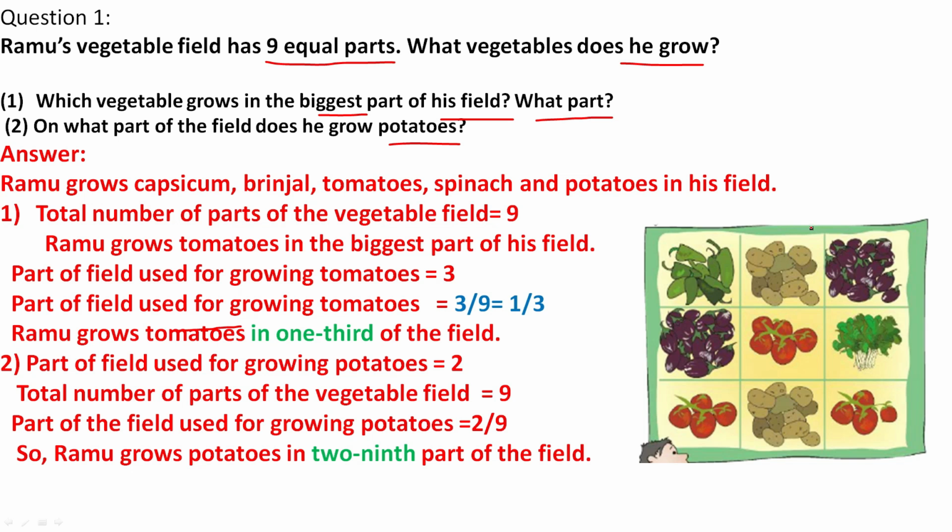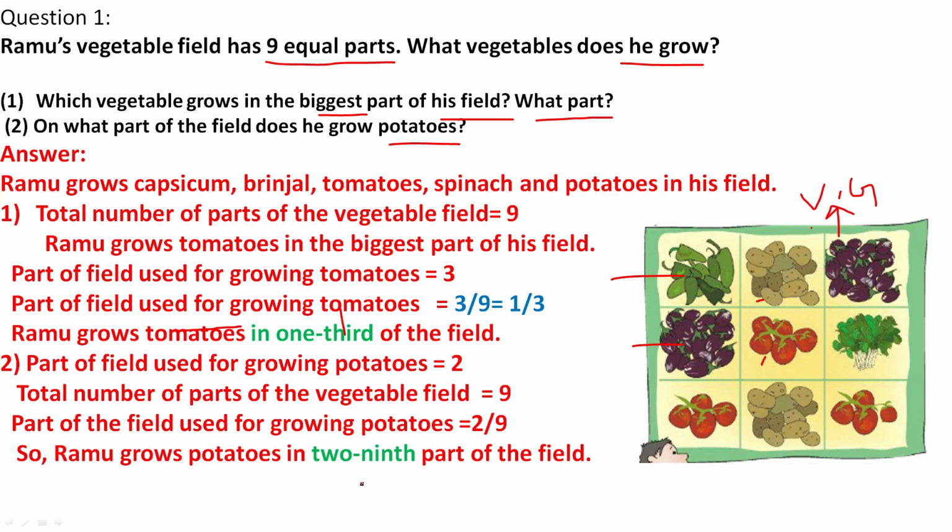Here is the garden, his vegetable garden. In this vegetable garden Ramu grows many vegetables: capsicum, brinjal, tomato, potatoes in his field.